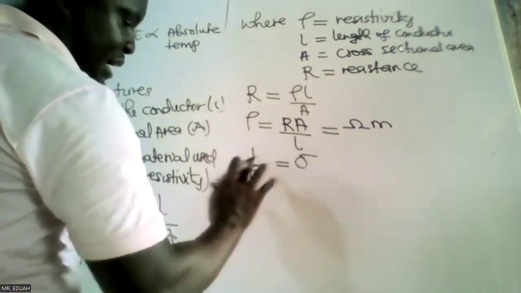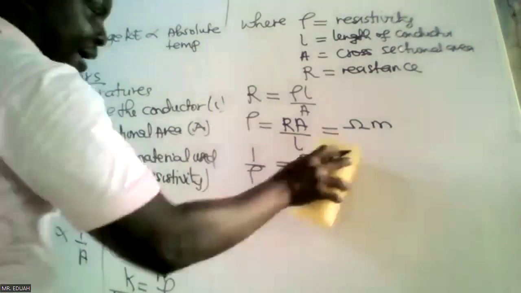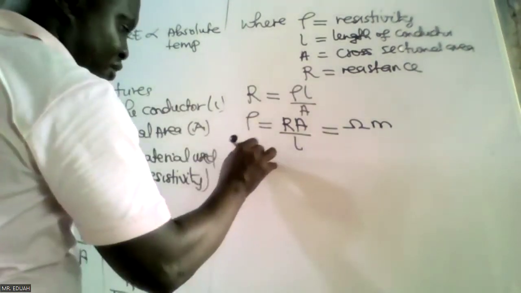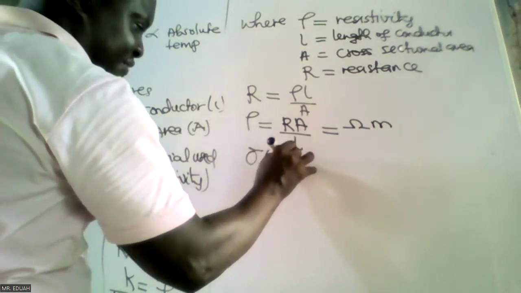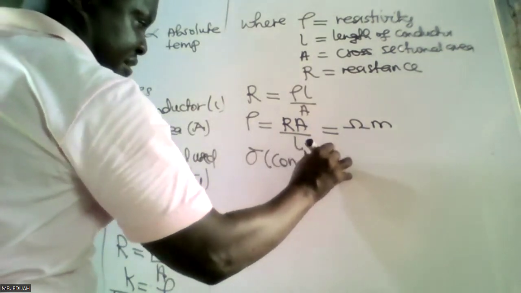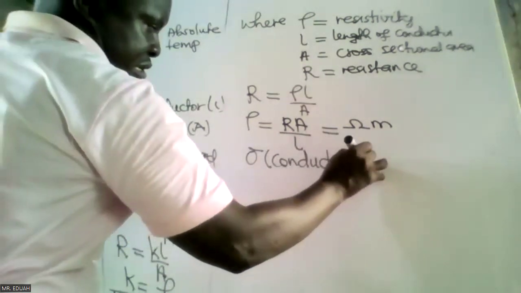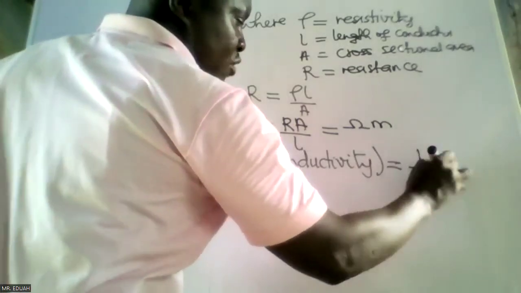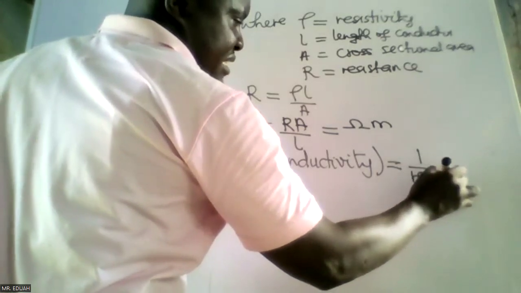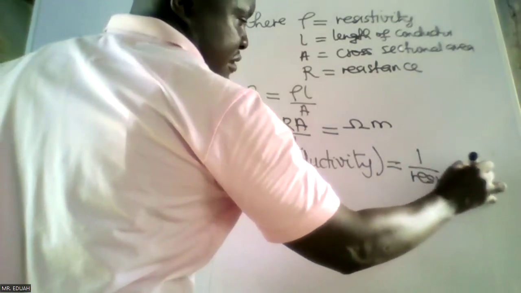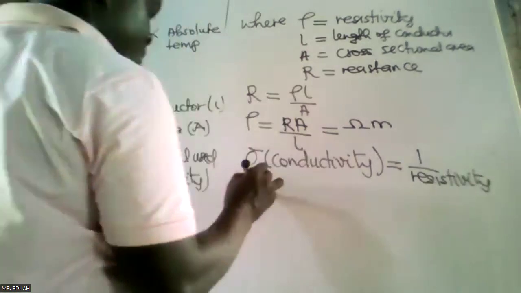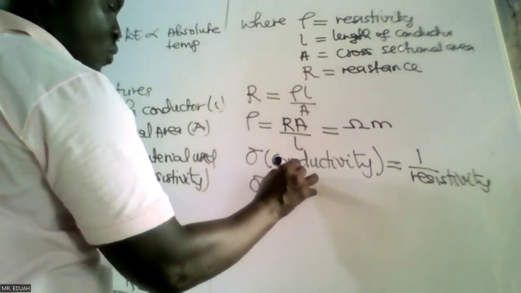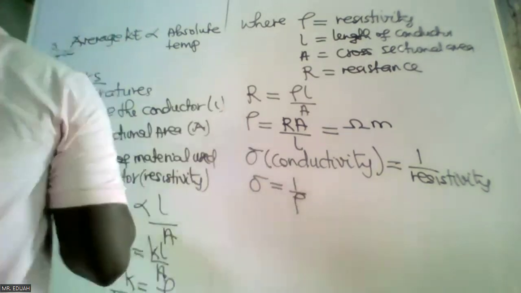Okay, sigma, which we call conductivity, is equal to the inverse of resistivity. So sigma, which is conductivity, is 1 over rho.